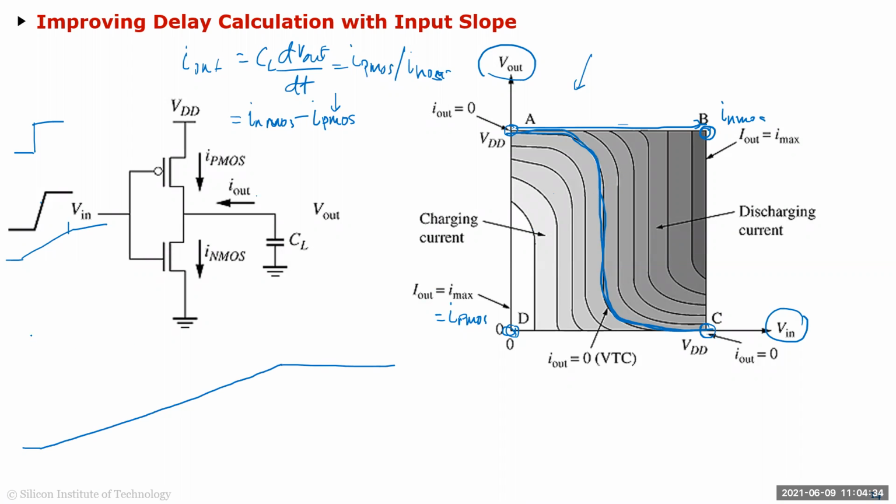And then your delay you can derive straight from the VTC curve. But if you have this ever changing, slow changing input, then your charging and discharging currents are going to be on either side of this curve, basically. Okay, so that's what this is showing you.